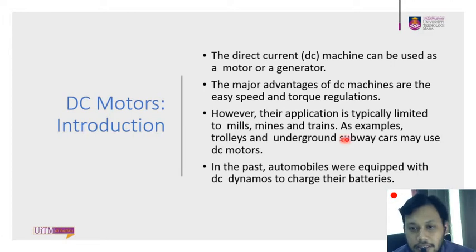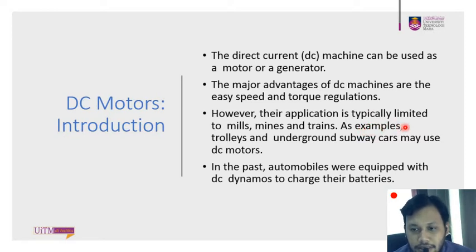So, DC motor introduction. The direct current or DC machine can be used as a motor or generator. The major advantages of DC machines are the easy speed and torque regulation. However, the application is typically limited to mills, mines, and trains.